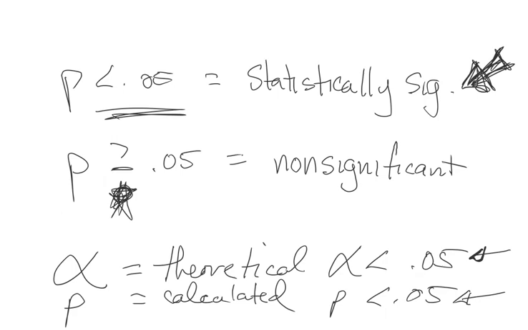So alpha and p. Now, if we have p less than 0.05, it is statistically significant. Here's the rub: it can't be really significant or sort of significant or almost significant. Now I'm going to put an asterisk there because there is a little side note that I'm going to talk about, because some of your articles are using a fancy term and getting away with a little fudge factor.